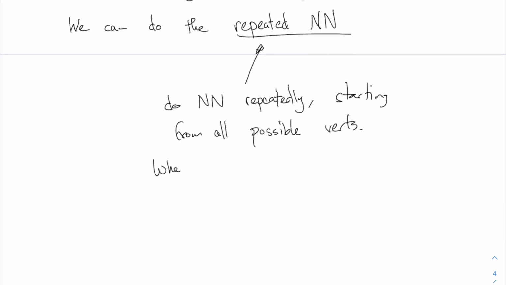So when we're done, choose the best overall. This will hopefully avoid you getting a bad answer just because of where you started, right? If there's a better starting point, you will find the better starting point. That's called the repeated nearest neighbor algorithm.